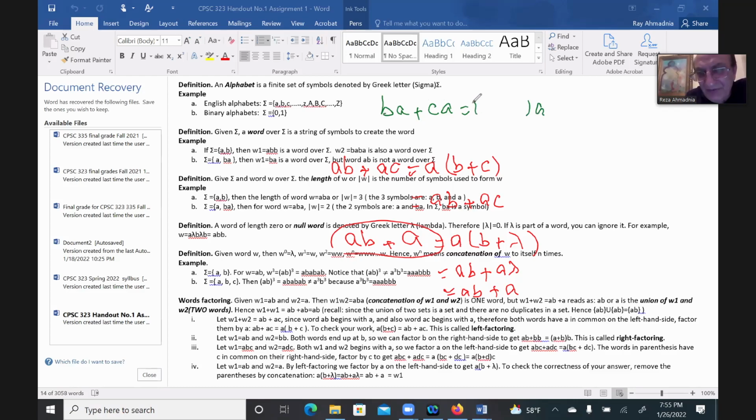What is left from this one is B, and what is left from this one is C. If you want to check your work, B followed by A is BA, and C concatenated with A is CA. I get exactly the same thing. This is called right factoring.